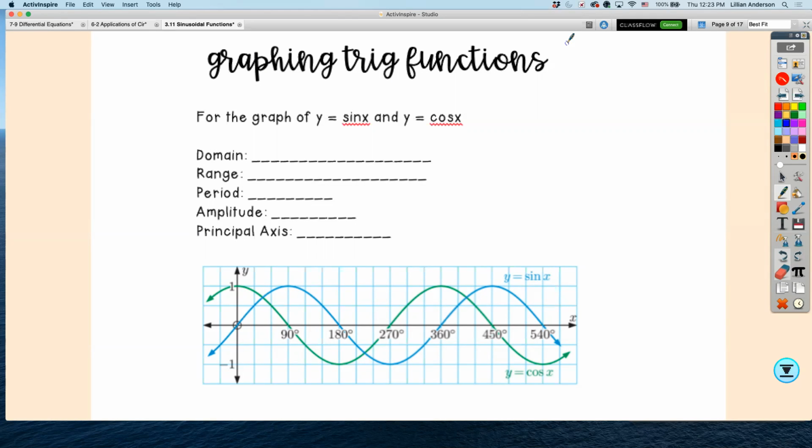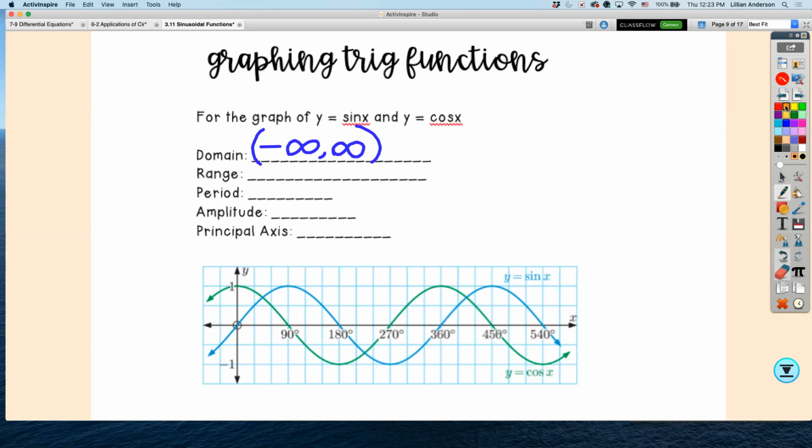But looking at these graphs and the fact that these arrows indicate that they continue on, what would be the domain of these? Negative infinity, positive infinity. Very good. Negative infinity to positive infinity. And what do I put around the infinities? Throwback.